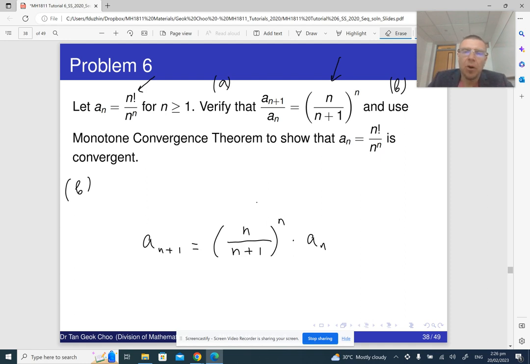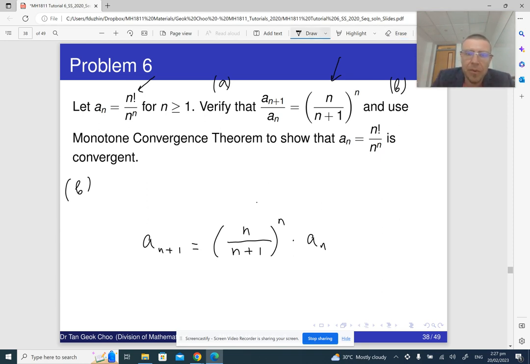So why do we care how the next term is expressed via the previous term? Because if every time to get the next term we need to multiply the previous term with a number that is smaller than 1, then what we get is a smaller number, and our sequence is decreasing. If we multiply by a bigger number, then whatever we have is growing and the sequence is increasing.